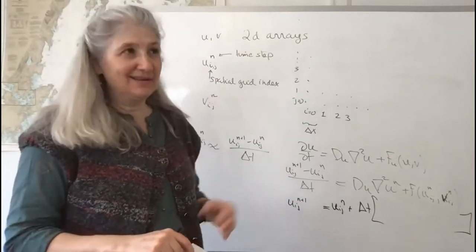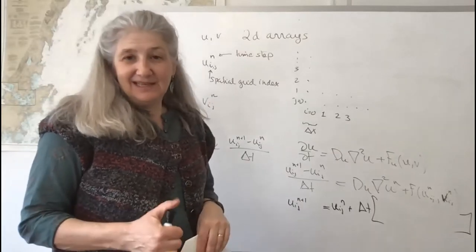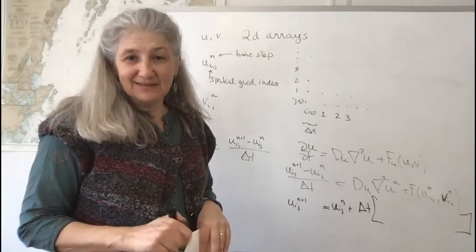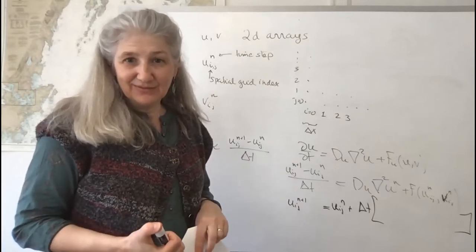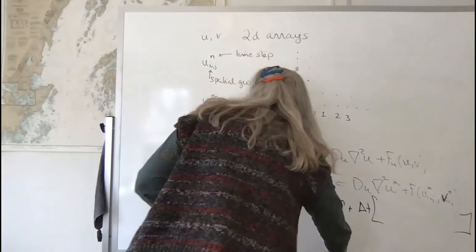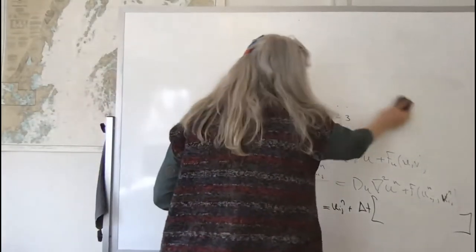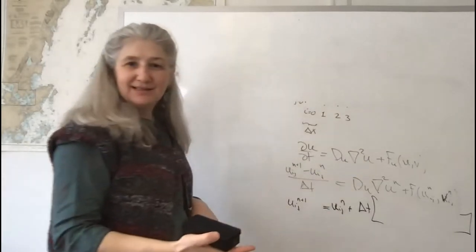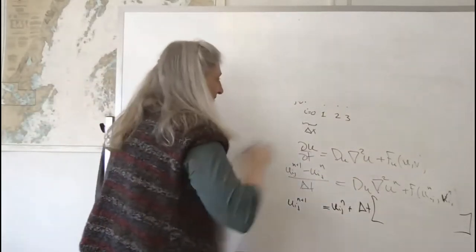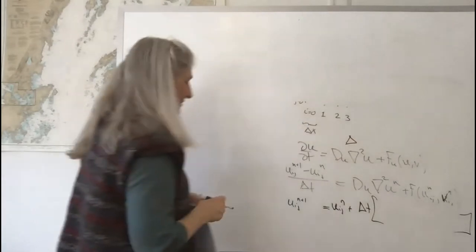So we need an approximation for the second derivatives on the spatial grid. This thing is called the Laplacian. Sometimes people write it as an upside down delta.